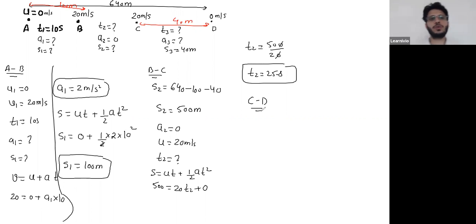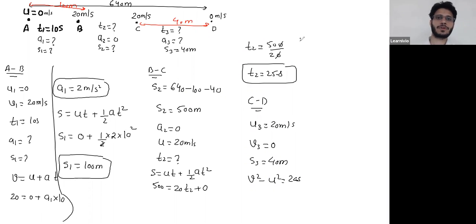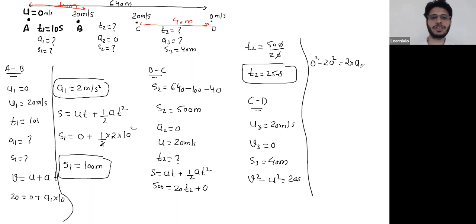Next, let's solve from C to D. Your initial velocity u3 is 20 meter per second, your final velocity v3 is 0, and the displacement covered is 40 meters. You can easily calculate acceleration using the equation v square minus u square is 2as. Substituting, v is 0, so 0 square, u is 20, so 20 square, 2 into acceleration a3, displacement 40.